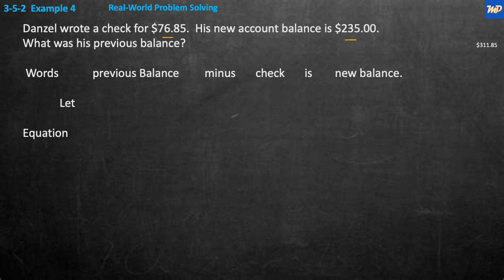$76.85 was the value of the check. So if you take whatever the original value was, subtract the check amount, you'll get the new balance, right? So in words, we're writing it out. The previous balance, he wrote a check. The old balance, what was the previous balance, minus the check itself, $76.85, is equal to the new balance. And we can let anything we want. Let n equal the previous balance.